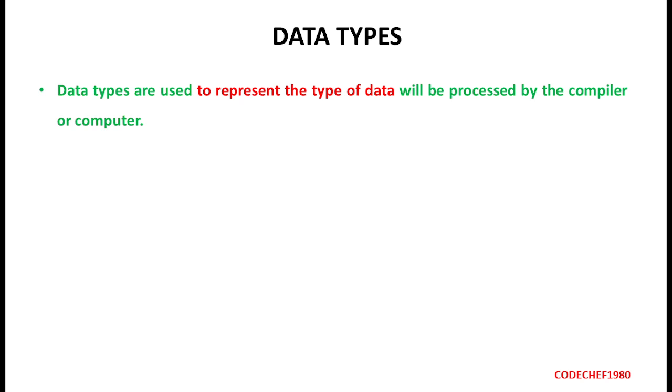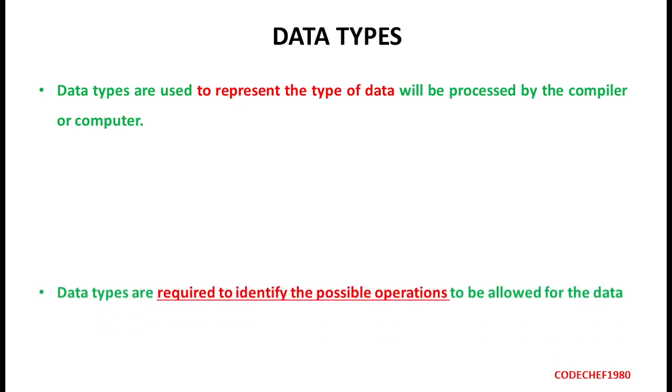The compiler or computer has to identify the kind of data given as input, the kind of output that could be generated, and in what format it could be printed. So the data type helps the computer take such decisions.